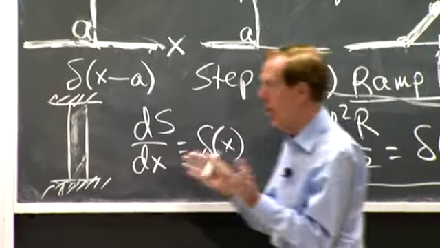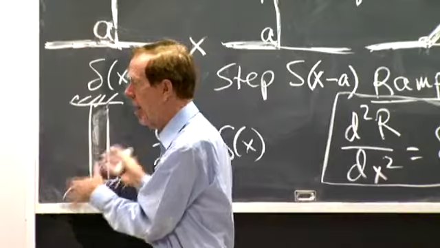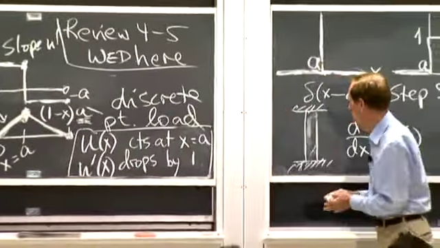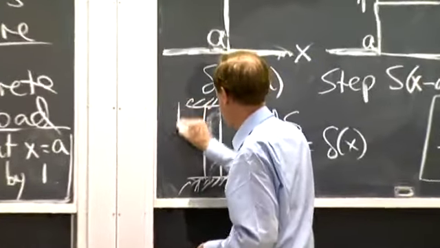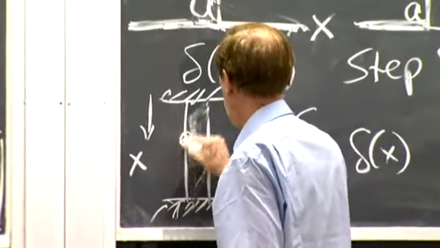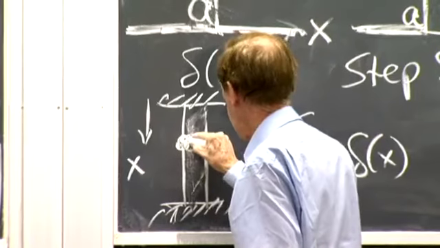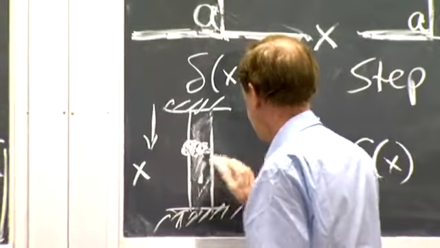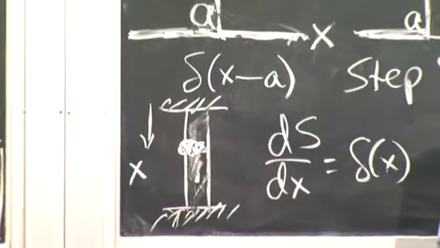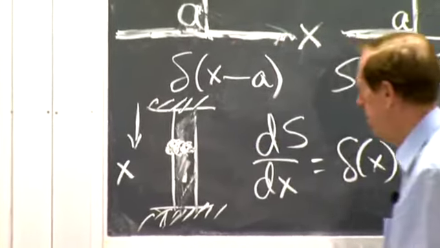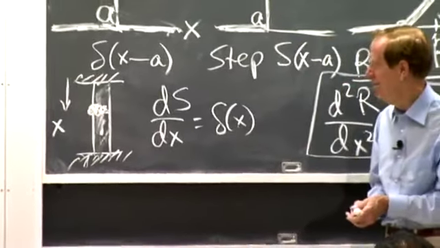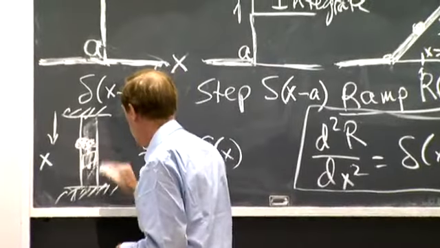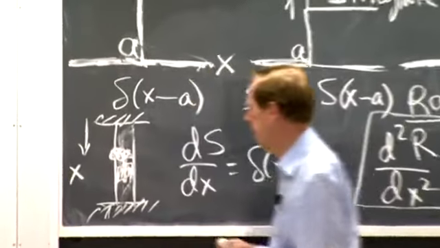It's a very light bar. Its weight is not a problem here. But it's got a load at the point, so I'll measure x going downwards. And at the point x equal a, I'm hanging a heavy load. Okay, a load. How do I draw a load? Maybe like a big weight or something.